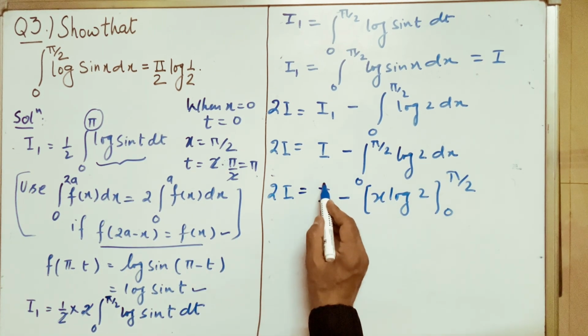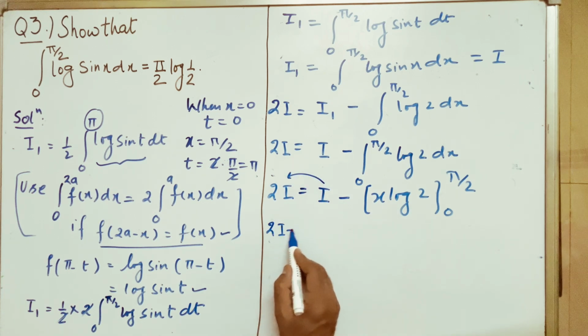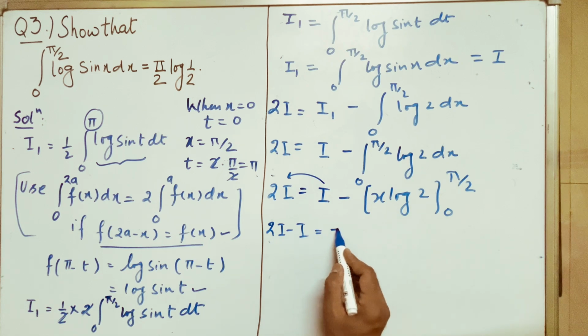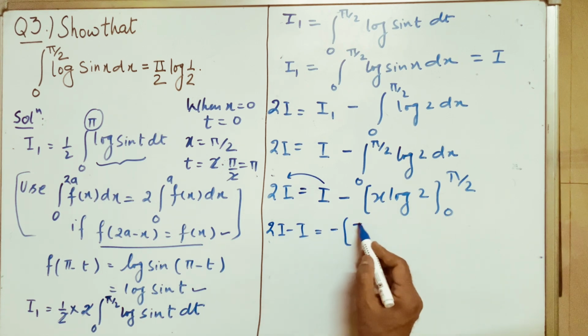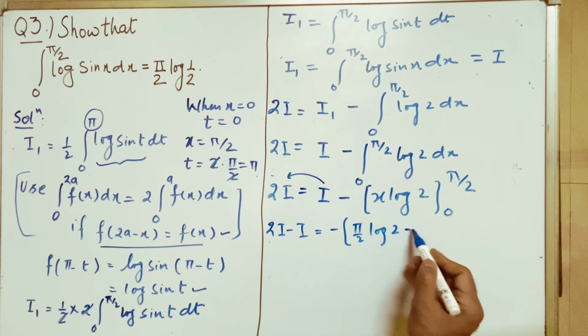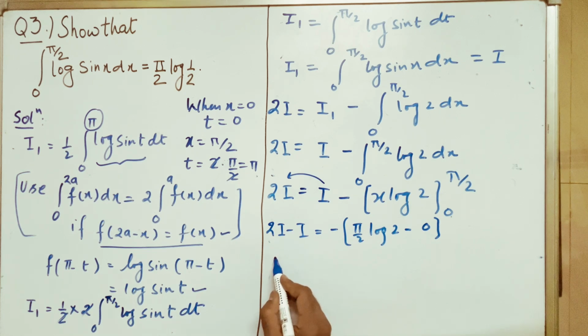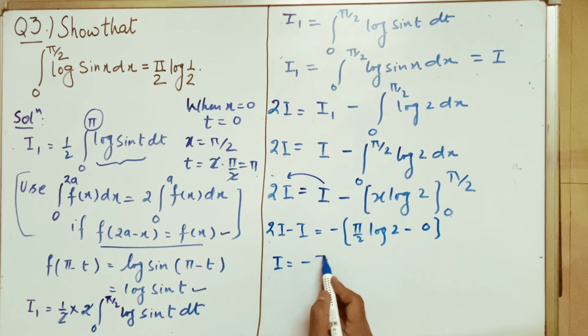After this step, this I will go to the other side. It will become 2I minus I is equals to minus, now we'll put upper limit first, pi by 2 log 2 minus lower limit, which is 0. So this whole thing will become 0. So it comes as I is equals to minus pi by 2 log 2.